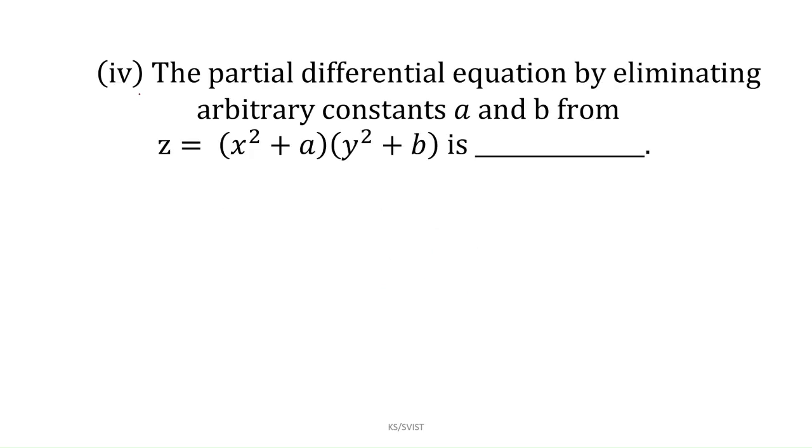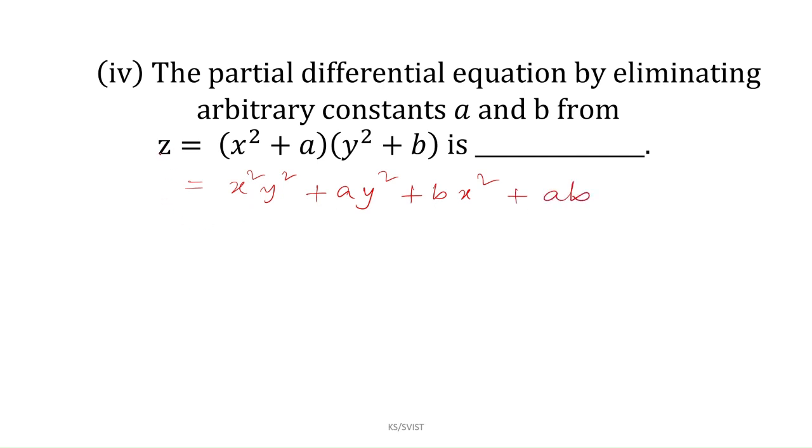Next question: form the partial differential equation by eliminating the arbitrary constants a and b from z = (x² + a)(y² + b). Let us multiply these two factors. So it is x²y² + ay² + bx² + ab.